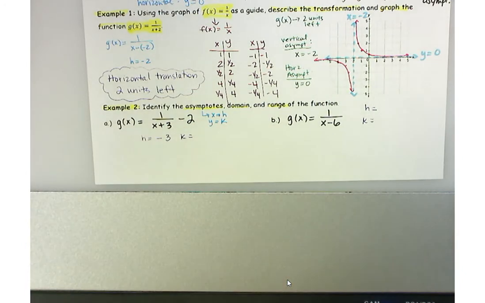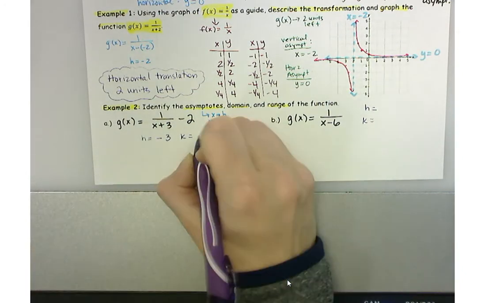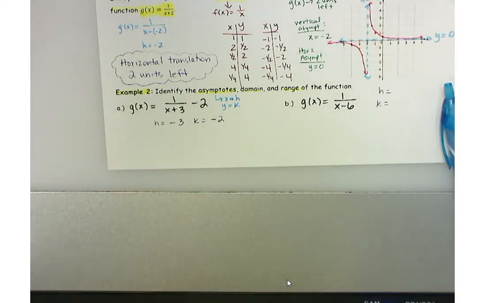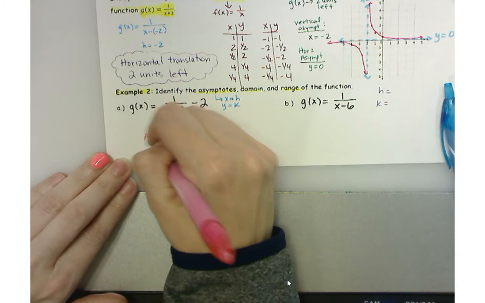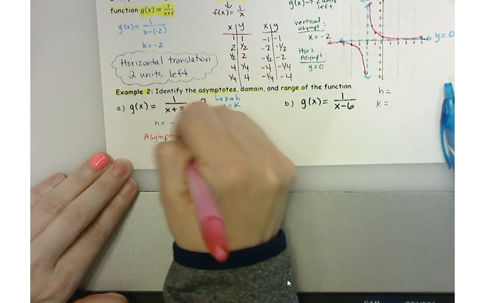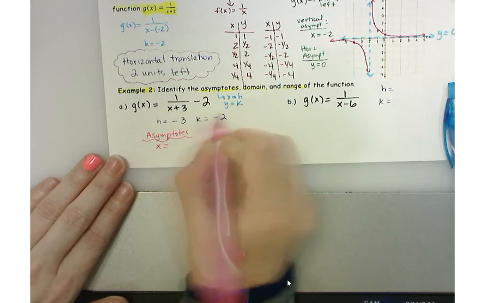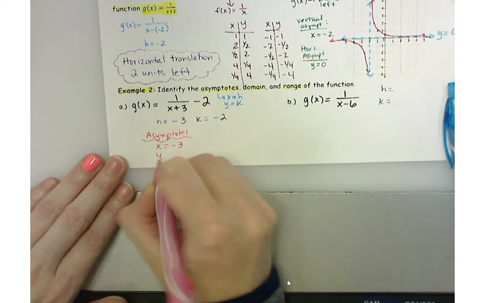Okay, for the domain, it's all values of x such that x cannot be h, which really, again, if you think about this, in the denominator, we know that x plus 3 cannot be 0. So x cannot be -3, which is the value for h.